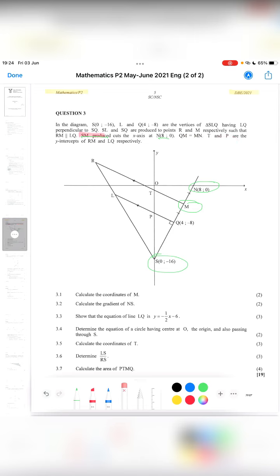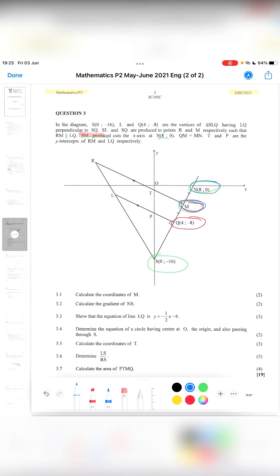Let's say, where is Q? You need to be aware of exactly where Q is. Okay, there is Q. Where is M? There it's M. And then they are saying this is equal to MN. And where is M? Again, that same point. Where is N? Oh, that N is the one which is produced.